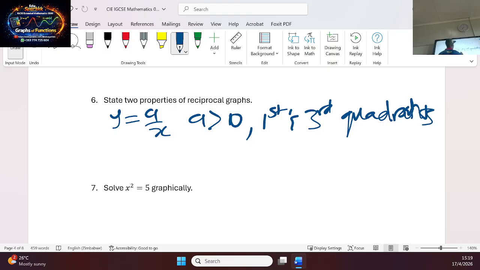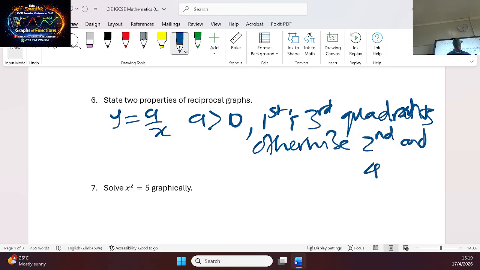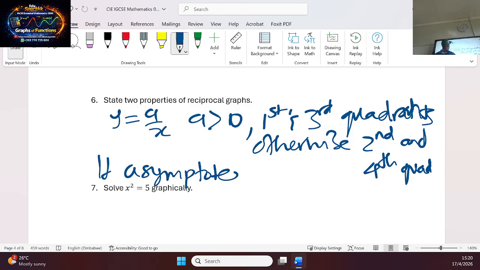Otherwise, second and fourth quadrants. So it exists in two parts, and the other one is it has asymptotes. These are lines that this curve cannot touch.